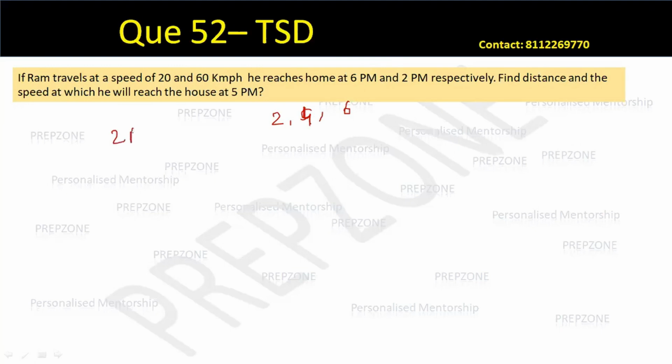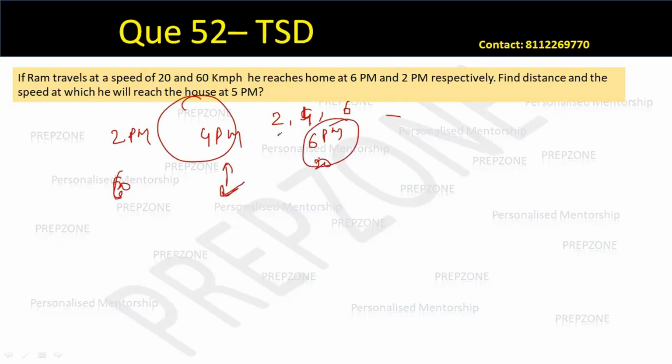I say okay, 2 PM, 4 PM and 6 PM are in AP, right? So at 4 PM, find the speed: this is 20 and this is 60, so calculate the speed for 4, then you will have 4 and 6, and then you insert 5 PM. Now you know this speed and this speed, and you calculate the middle speed by the 2AB upon A plus B formula. That's method 1. You get 24 as the answer.